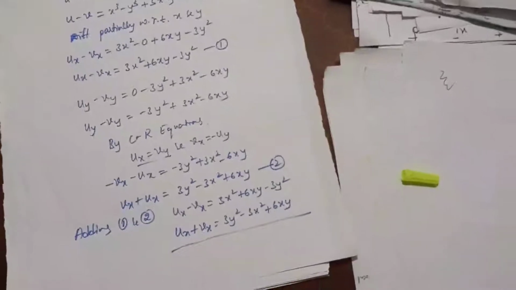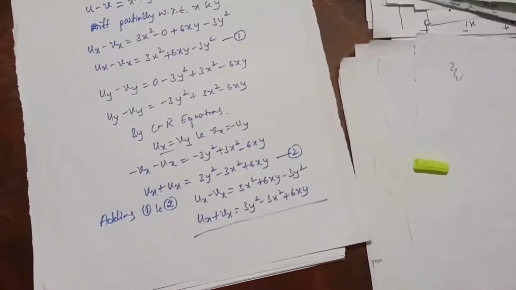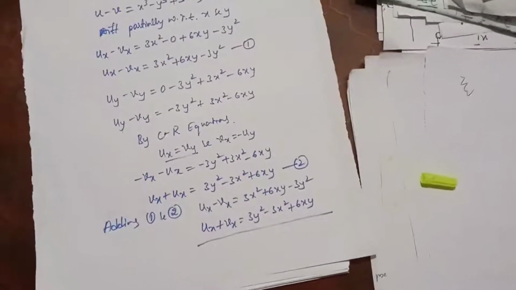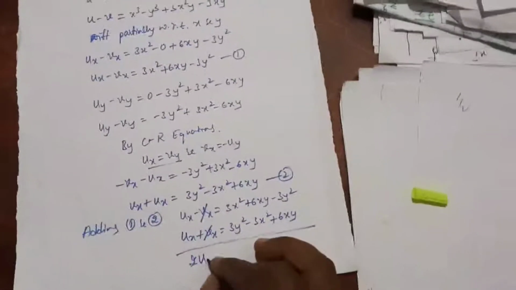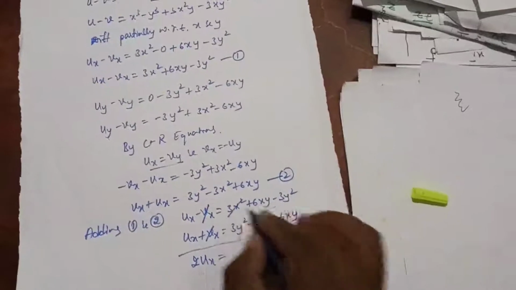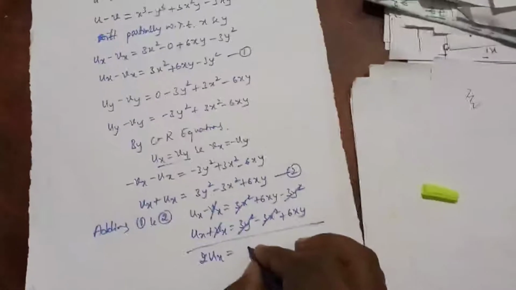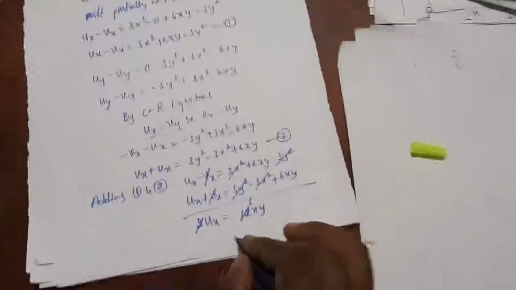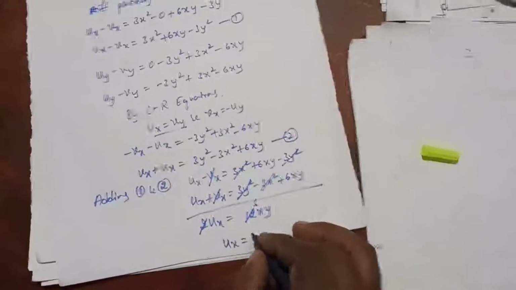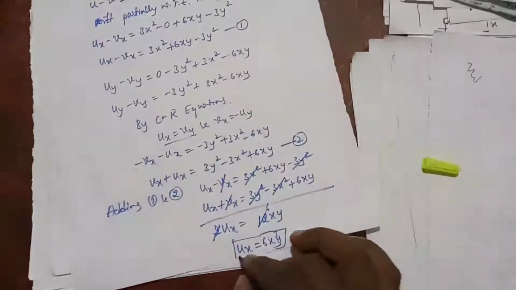If we add these two, plus vx and minus vx get cancelled, 2ux equals plus 3x square minus 3x square, minus 3y square plus 3y square, and 6xy plus 6xy is 12xy. So ux is 6xy. This is our u suffix x, 6xy.